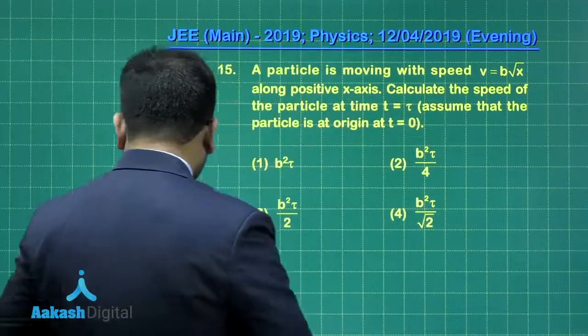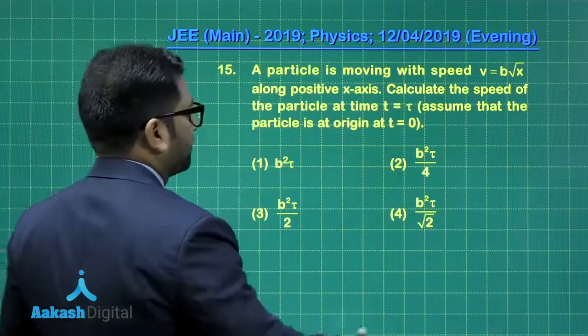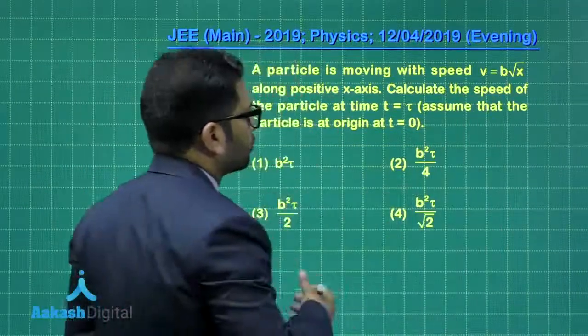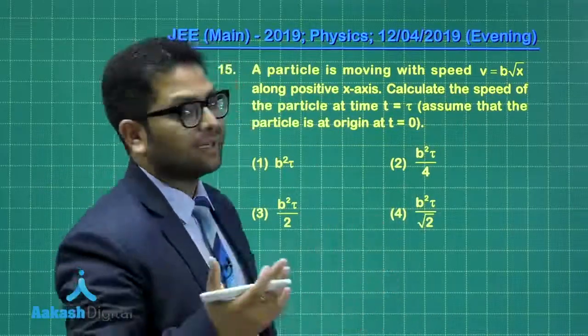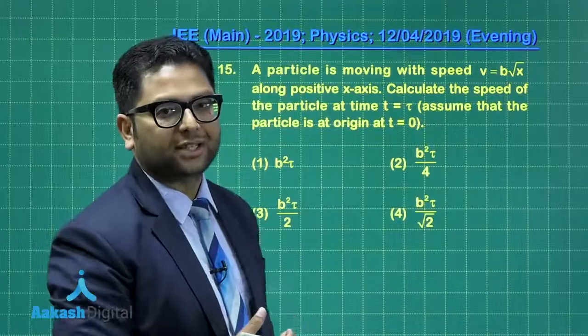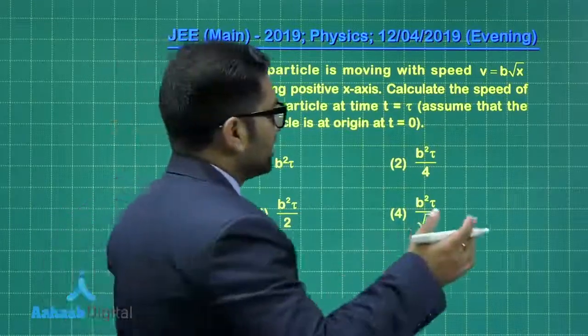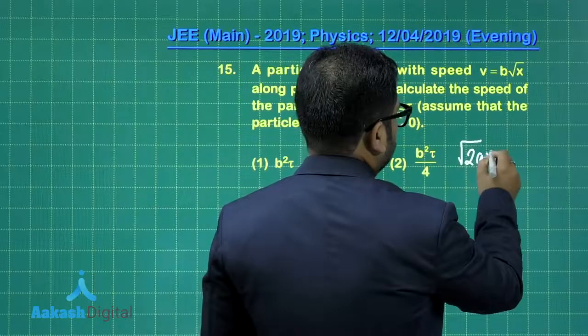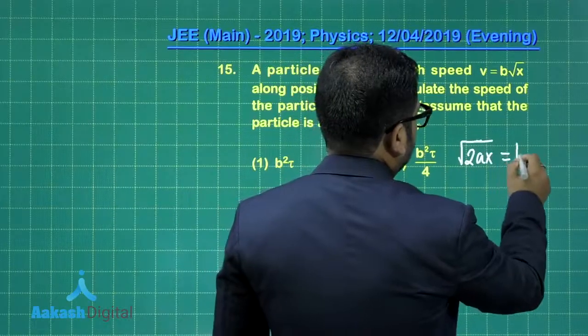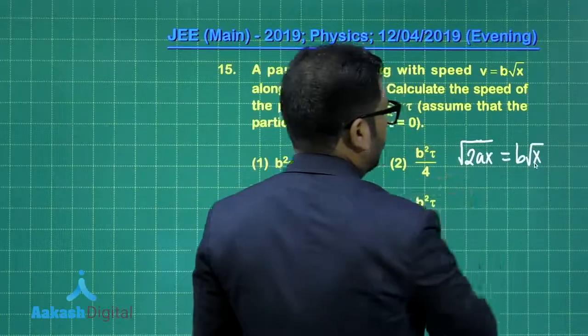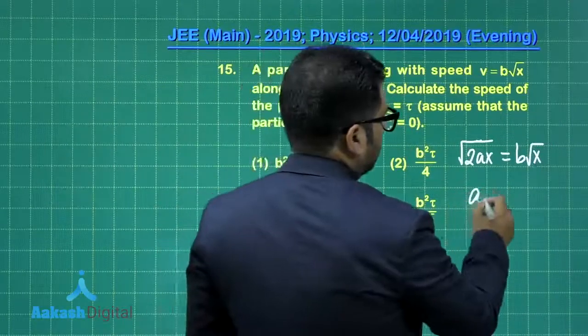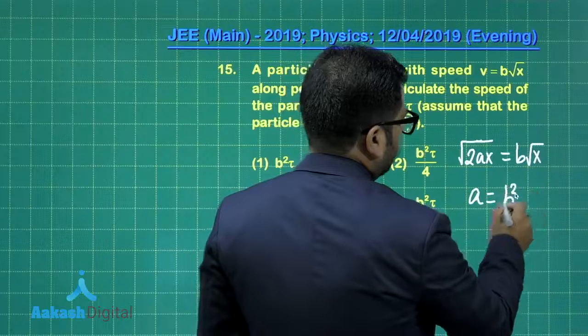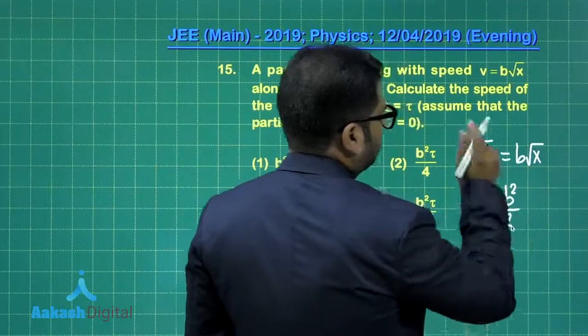But I think we can also do it in this way, because v is directly proportional to root x, so that's a clear indication it's a uniformly accelerated motion. So just by comparing, root of 2ax is b root x, where a would be the acceleration. So clearly a equals b square by 2.